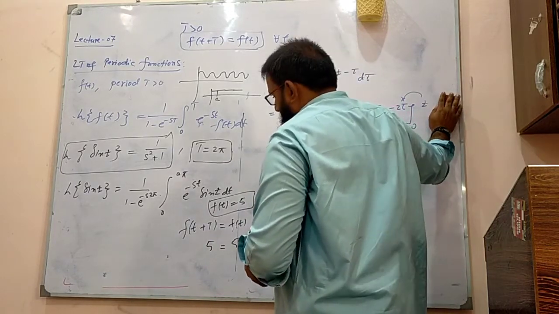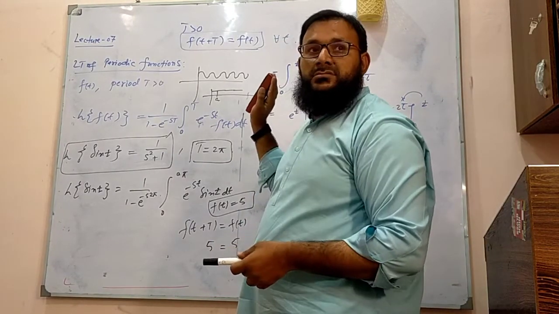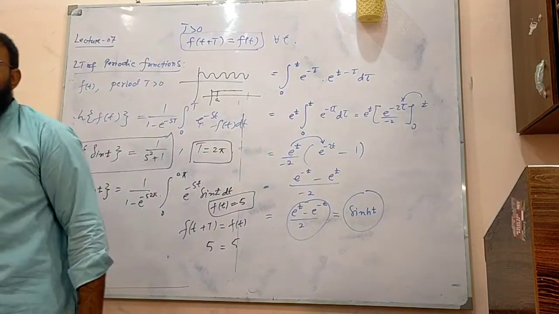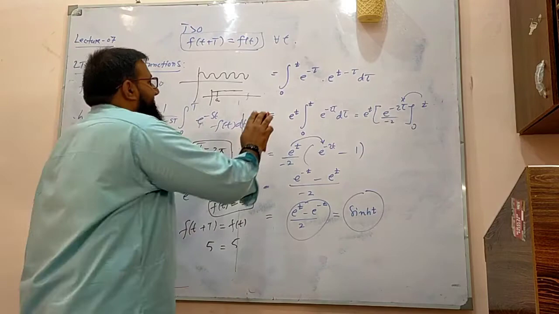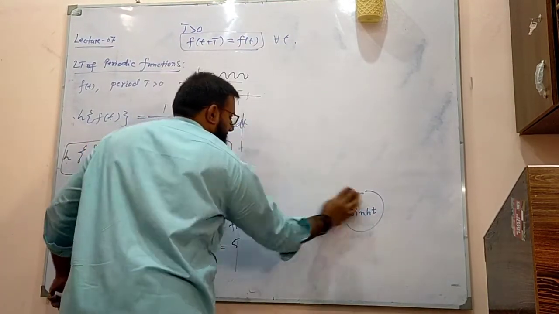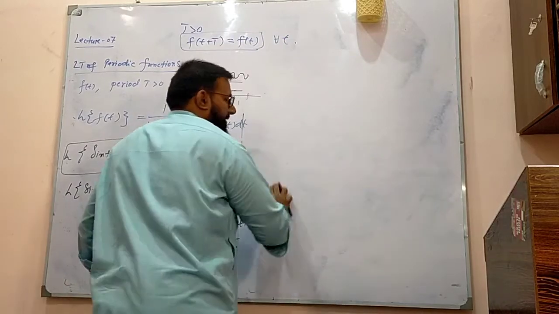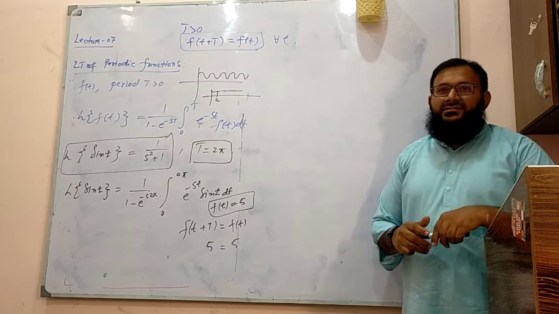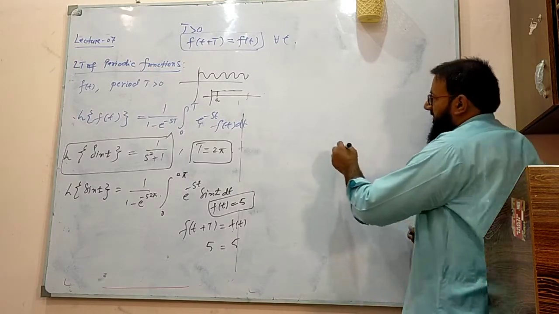Is the converse true, that every periodic function is constant? No, it is not necessary. Constant functions are very good, they are easy, but sometimes they are a bit tricky.